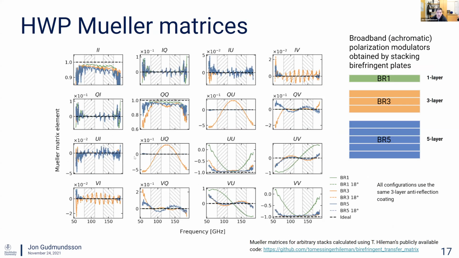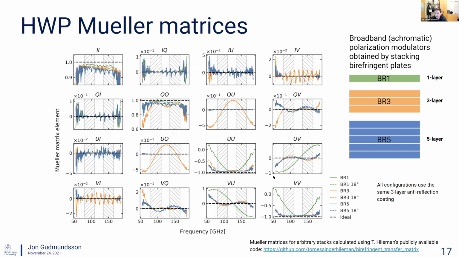Okay, so a half-wave plate Mueller matrix as a function of frequency might look something like this. In the ideal case, you only have non-zero coefficients along the diagonal: 1, 1, minus 1, and minus 1. For non-ideal half-wave plates, you do in fact have off-diagonal terms.